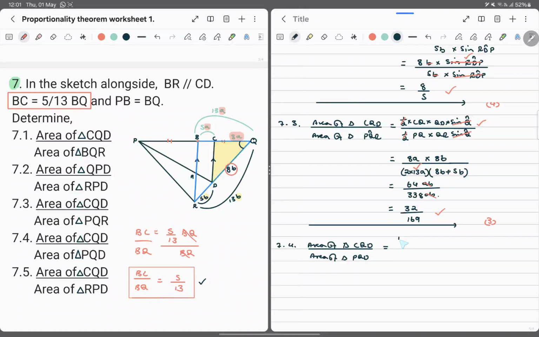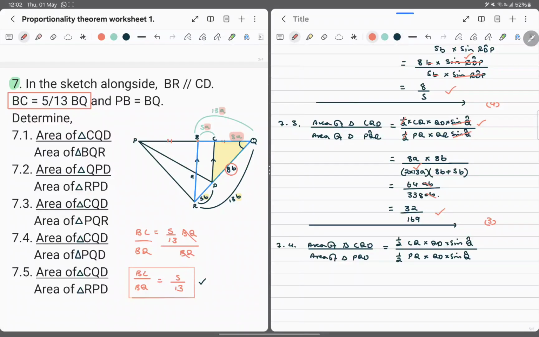This is area rule again. This is going to be a half CQ times QD times sine of angle Q. It's a common angle. Divided by half. Always try to use the common things. And then this one is going to be the half of PQ times QD as well, which is common, times sine of the included angle, which is angle Q.